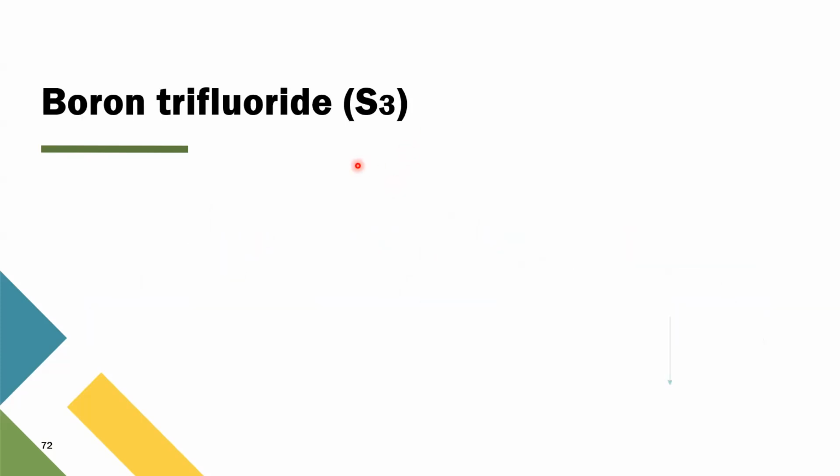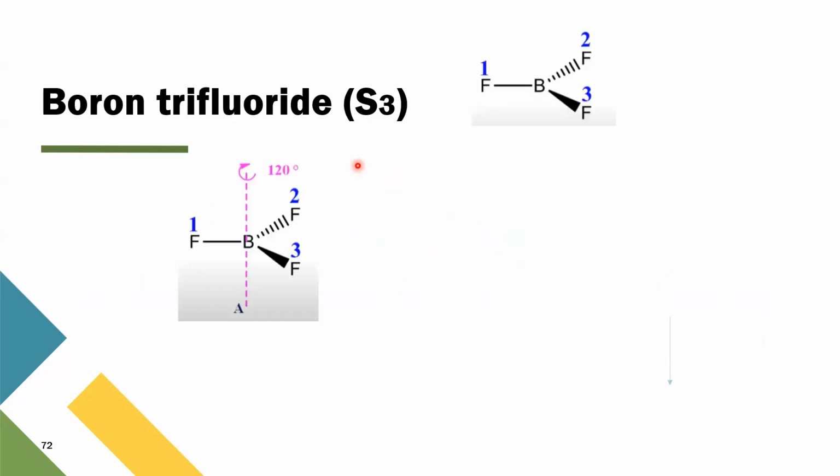improper rotation. Then boron trifluoride. Here 1, 2, 3, you rotate it 120, C3, and you get 1 going here, 2 coming here, and 3 going here. This is a C3 operation, so it is this axis. Now what we have to do is a reflection perpendicular to this C3 axis.